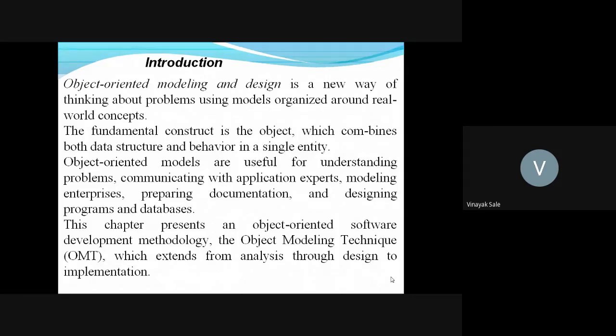So, in previous lecture, we have studied object modeling and design is a new way of thinking about problems using models organized around real world concept. What is a model?